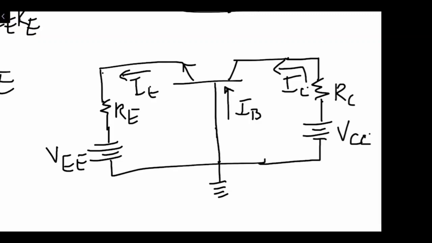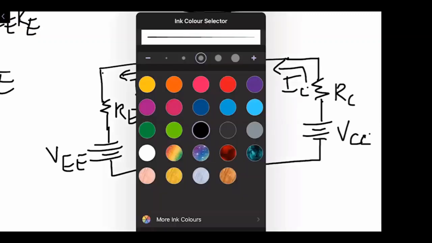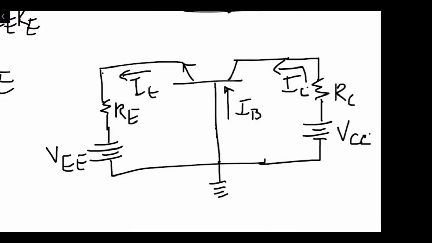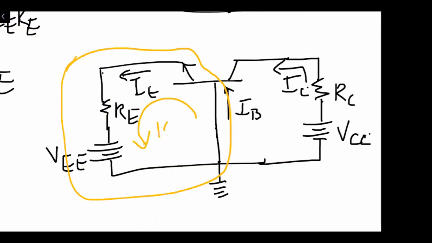Now we have the input side, and if I just try to encircle the input side, this is the input side of this common base configuration circuit, and we can apply KVL to the input side. Applying KVL to the input side, we also have over here the drop between the base emitter, which is VBE, right?